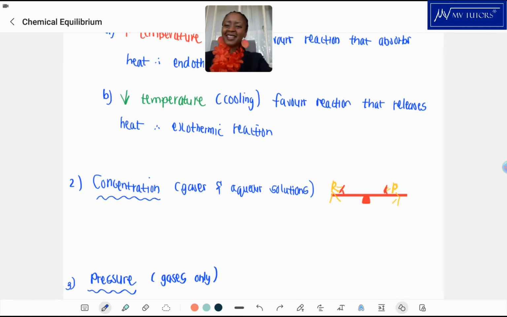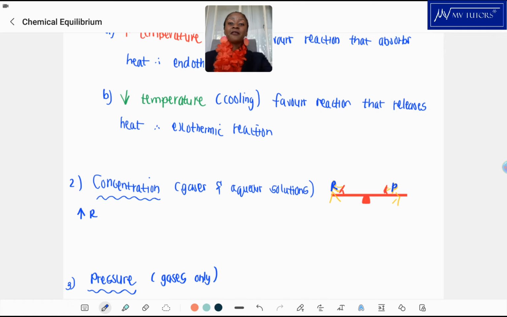Here there is an R for reactants, holding that part of the seesaw, and then we have P for the products. So what would happen if you were to increase your reactants?